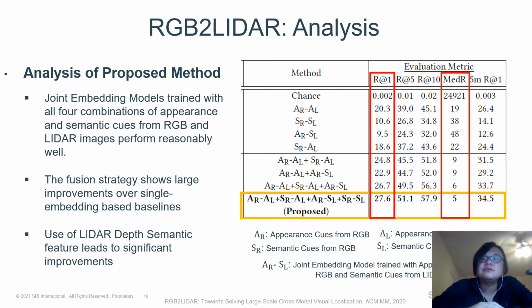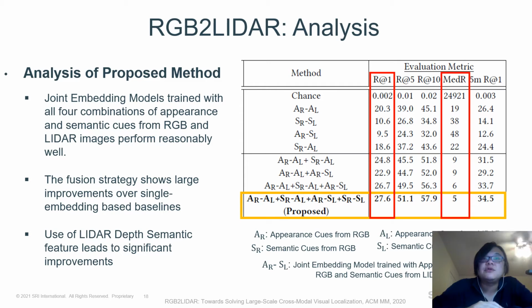This slide shows a more detailed analysis of our proposed approach. Here we show that our joint embedding model, which combines 4 combinations of appearance and semantic cues from RGB and LIDAR images, performed pretty well.